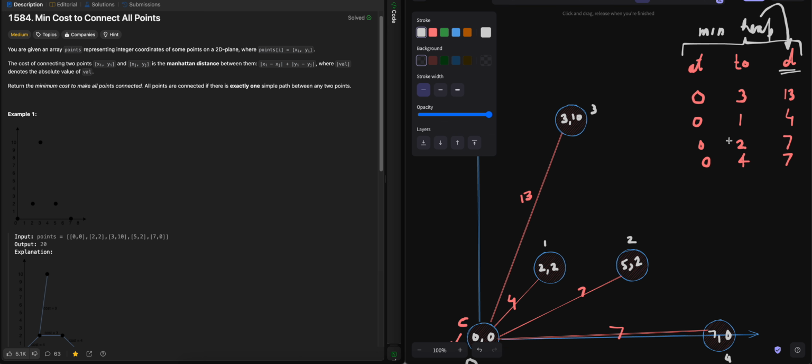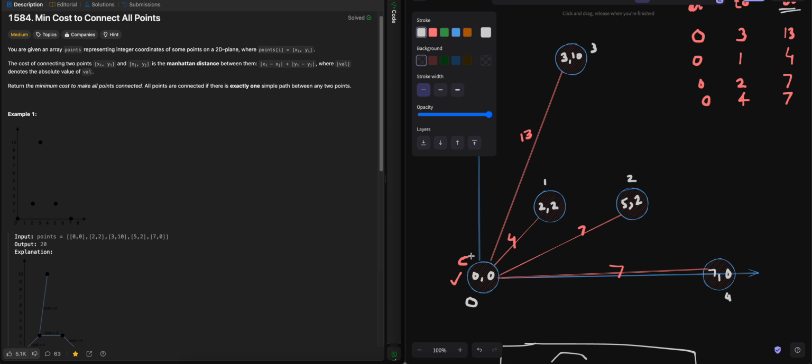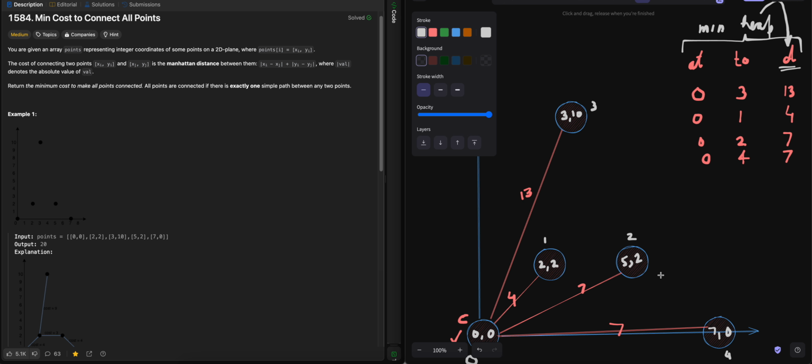Now the first iteration is complete, and we have to pick out the next vertex. This vertex is processed and visited. To take out the next vertex to process, the min heap helps us.